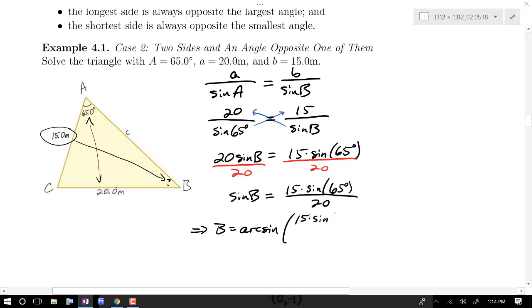You can really just put this whole thing in your calculator in one go. You've got to be a little careful with your parentheses. Make sure you're in degree mode.